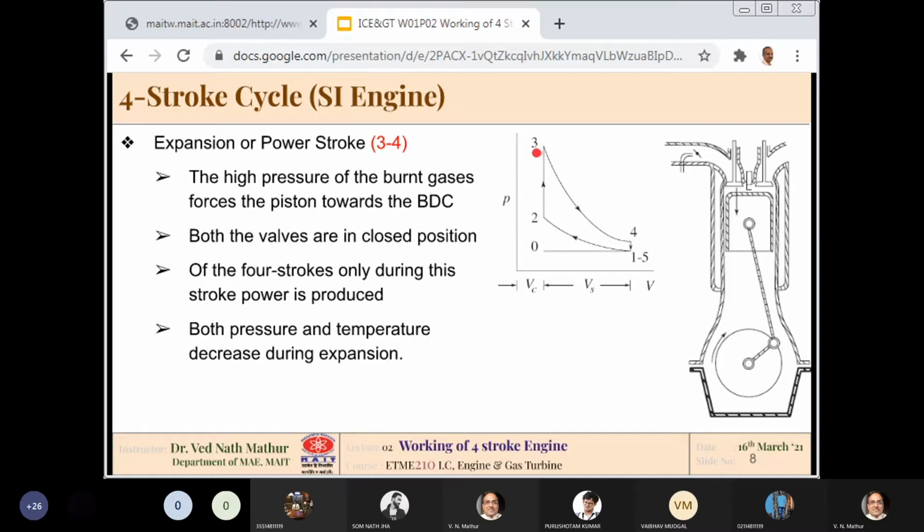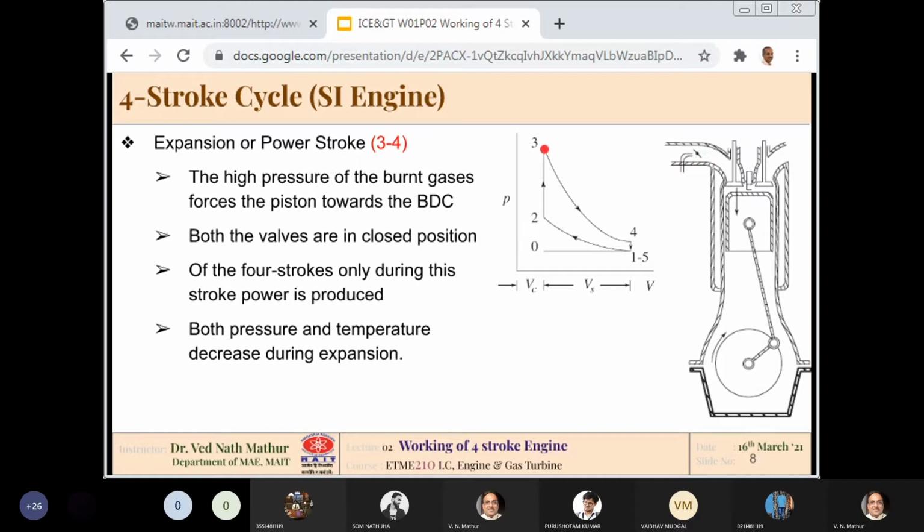So there has to be some kind of curve which represents the combustion process. What I'm saying is this is all theoretical. The difference between ideal and actual process is also in the opening and closing of the valves, which cannot take place instantaneously.